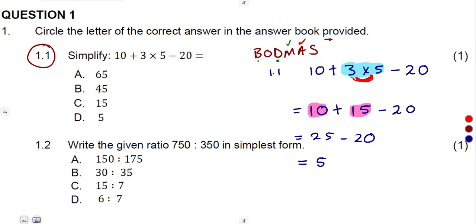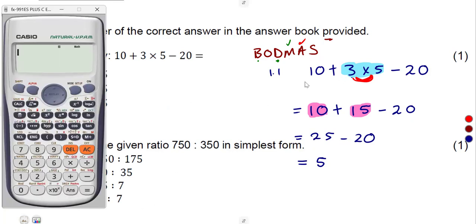So the best answer there is D. If I was to use the calculator, this is 10 as it is plus 3 times 5 minus 20 as it is. This is going to give us 5. You display it on your calculator as it is.